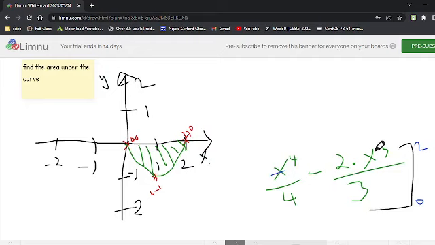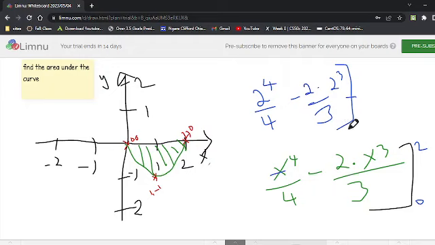Where x is, we put 2. So it's going to be 2 to the power 4 over 4 minus 2 times 2 cubed over 3, minus.